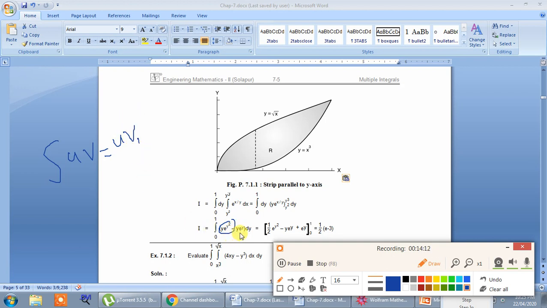Note that if one term is exponential and the other is algebraic, we can use the shortcut formula of integration by parts, which is given by u v1 minus u dash v2. Note that here the prime, that is dash, denotes differentiation, whereas v1, v2, v3 are all the successive integrations. So the integration of v is v1, the integration of v1 is v2, and so on.